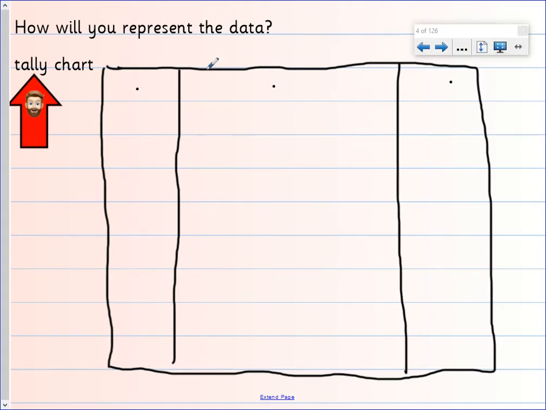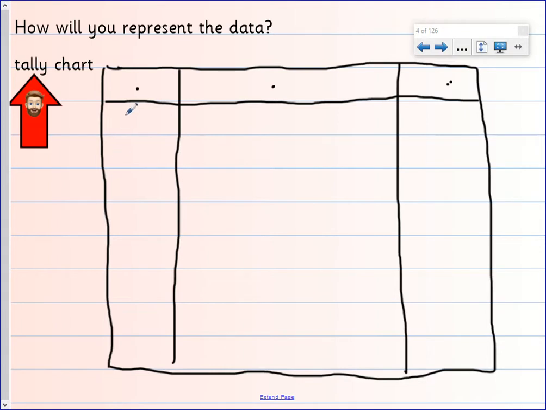And this middle column is wider because that's where I'm going to record my tally. And then I've got my third column here, which will be total. So I'm going to draw the row in to put the labels in. So there's my tally chart, and you'll write treats here, tally here, and then total here.